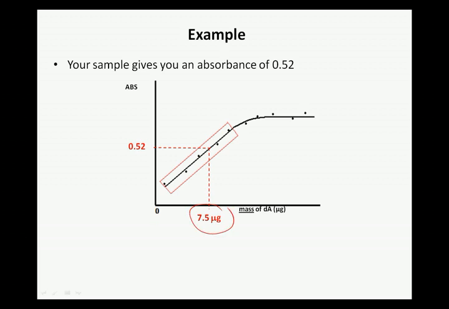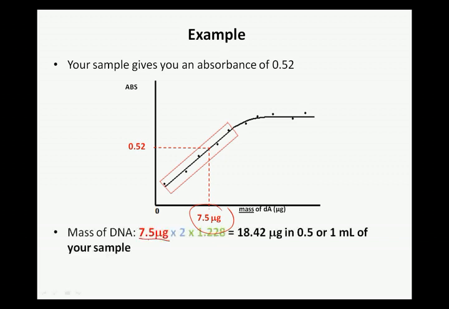But as we said before, this is not really the mass of DNA you have in there, because you're comparing DNA, which contains both purines and pyrimidines and has nucleoside monophosphates, which have a different molecular weight than deoxyadenosine, to deoxyadenosine.